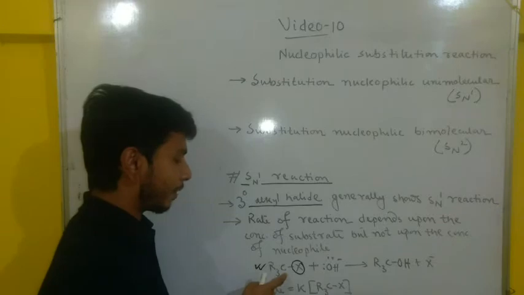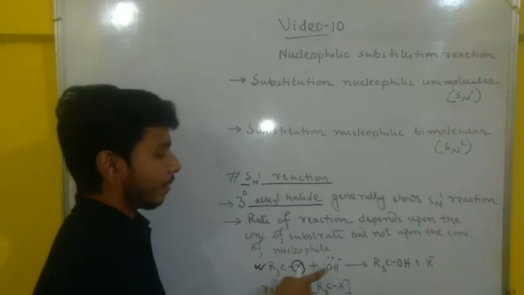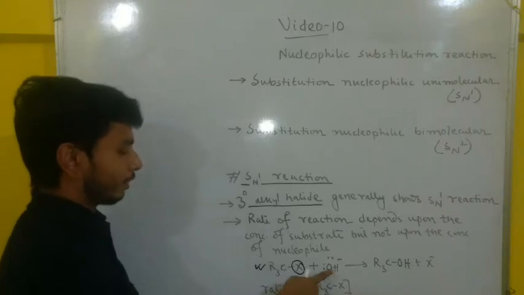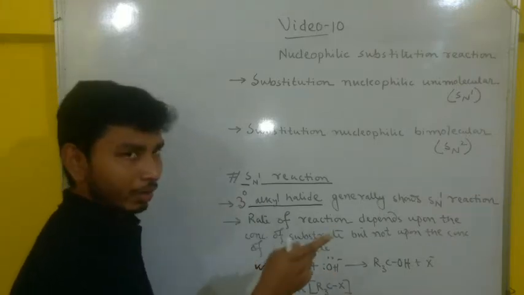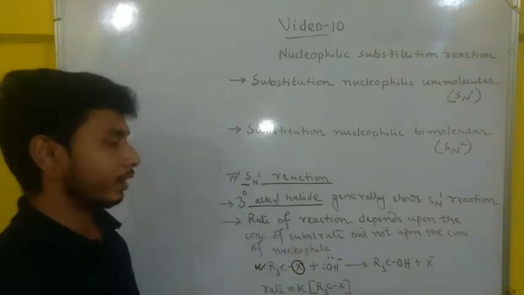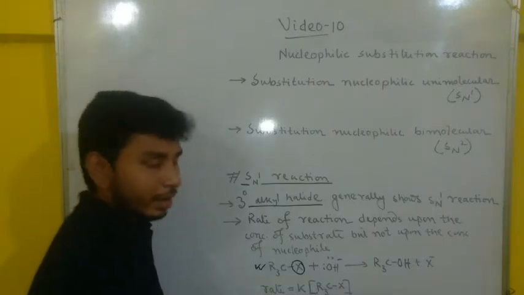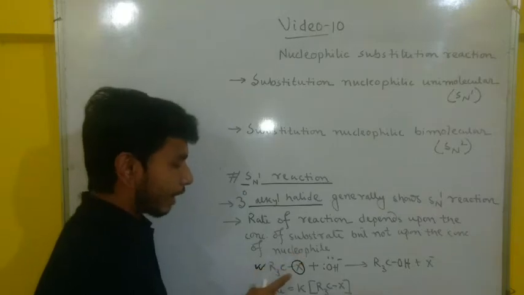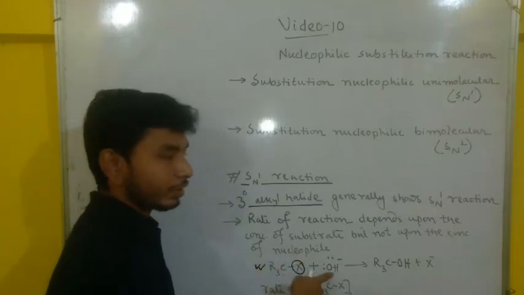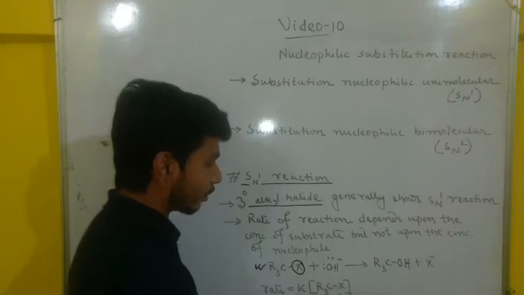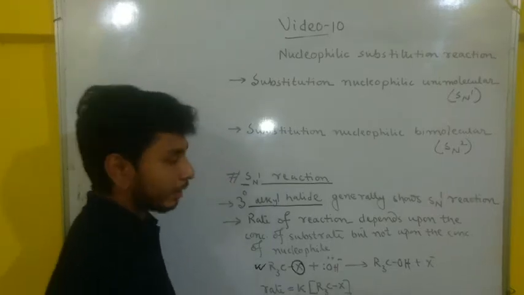That is, rate depends upon the alkyl halide, but not upon the nucleophile. So 3-degree alkyl halide shows SN1 reaction. In the SN1 reaction, the rate depends upon the concentration of only alkyl halide, but not upon the concentration of the nucleophile.